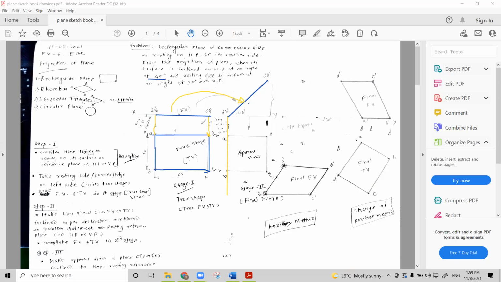Okay. It means we are going to make this rectangular plane inclined at an angle of 45 degree. Then what will happen? If you take this 45 degree, then this line view that is on the XY line in the first stage is going to be inclined at an angle of 45 degree, right?